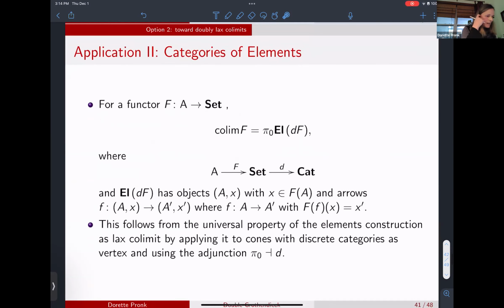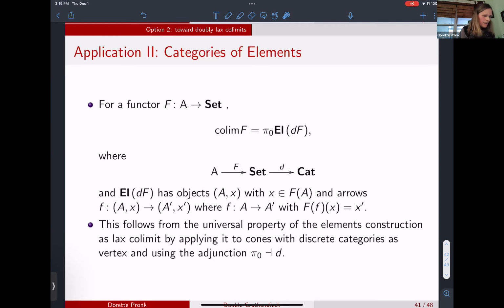Let's look at categories of elements. If we have a functor F from A into Z, then the colimit of the diagram is pi naught of the elements construction on the composite of D with F. D is just the inclusion from Z into Cat, sending Z to a discrete category.